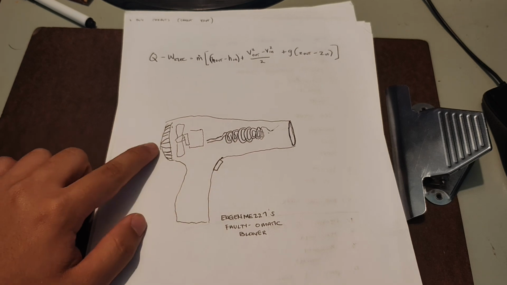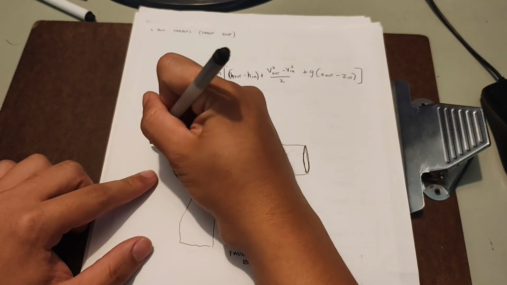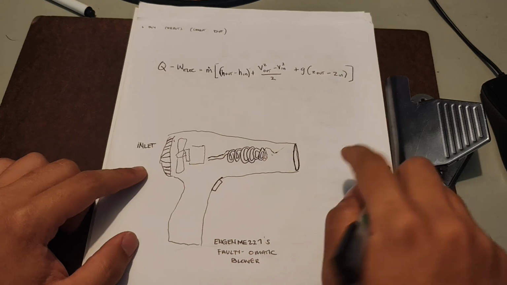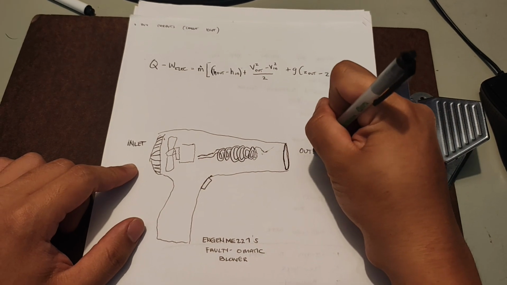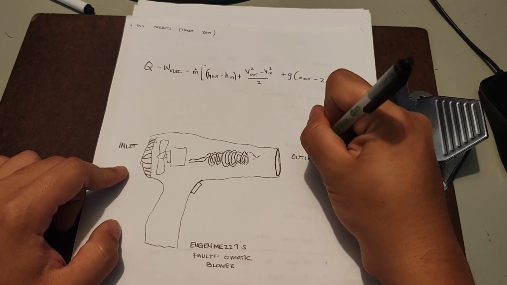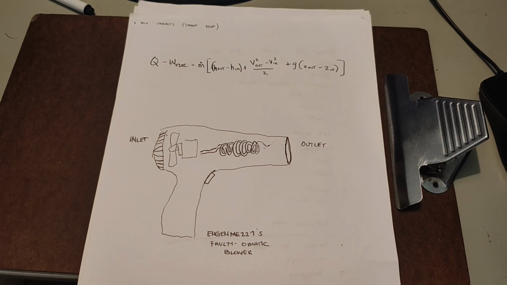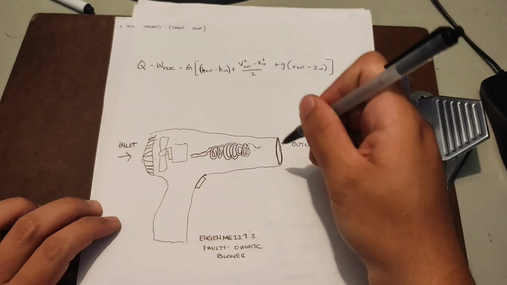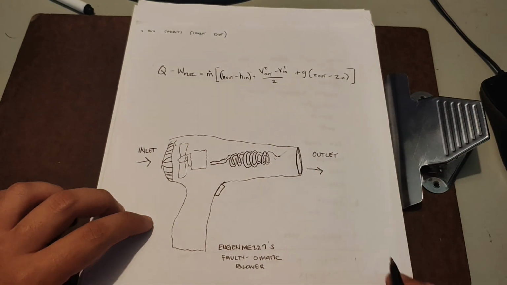So we have here our inlet, and this is gonna be our outlet. Just setting our agreements with the machine. So this is where the air will come in, and this is where the air will come out.